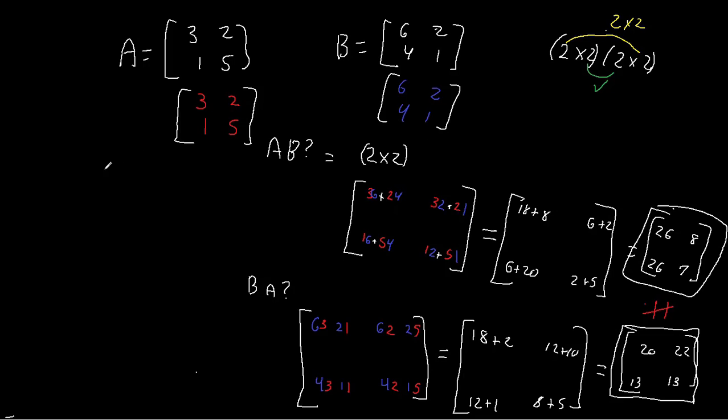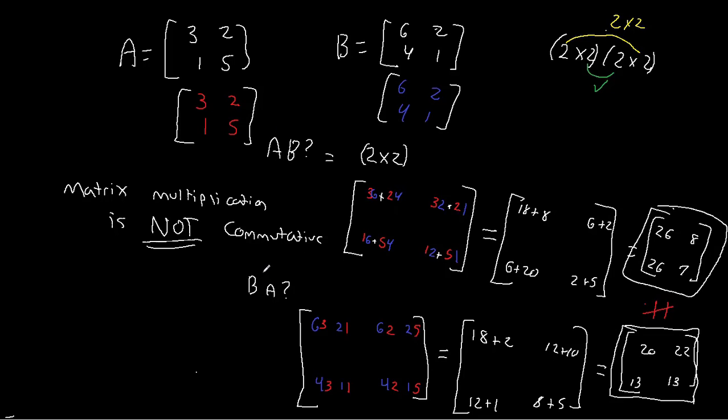Let me write that down. Matrix multiplication is not commutative. A times B does not equal B times A.